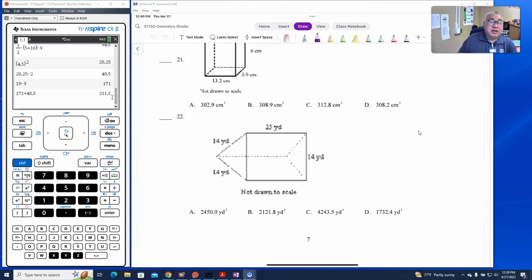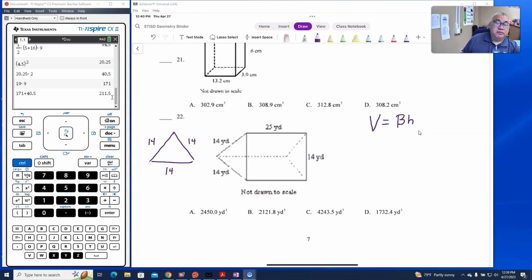For 22, we have to find the volume of this triangular prism. And to find the volume, it's going to be the area of the base times the height. And I'm going to go ahead and draw the base here on the side. I know that it's going to be equilateral.